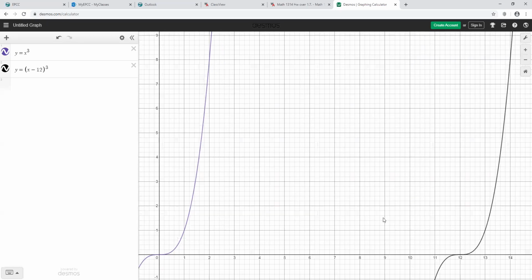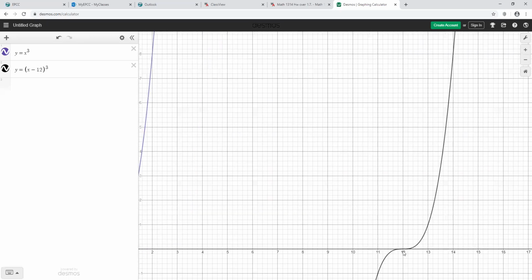That should happen here because we didn't change the rigidity. We just moved it 12 units to the right. So 2 units over and up 8, we are back on the graph.